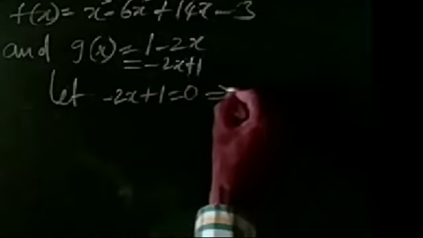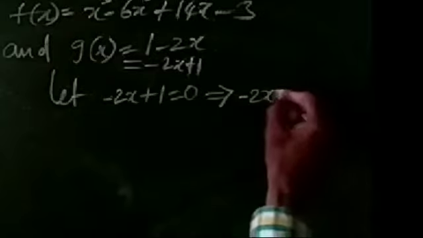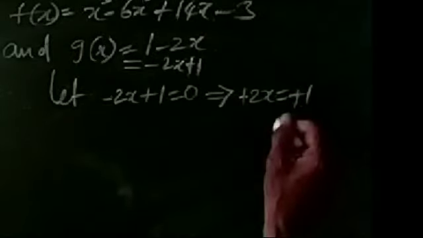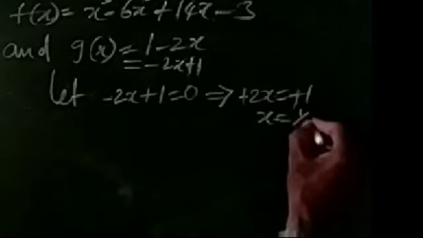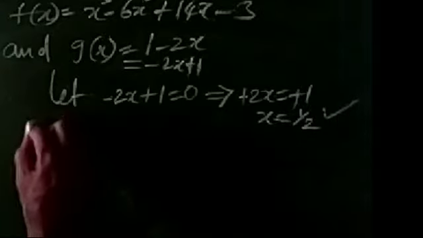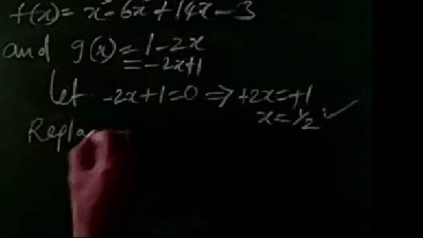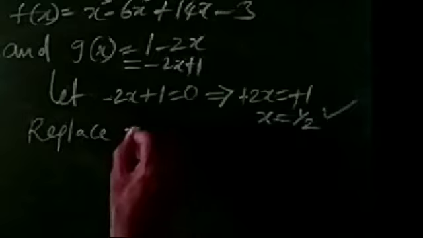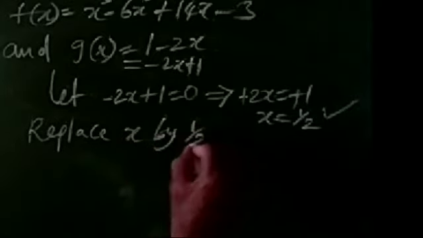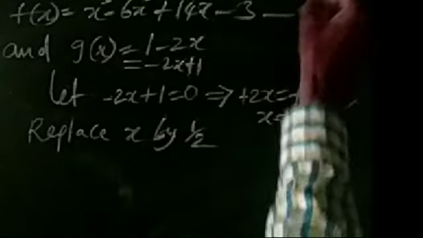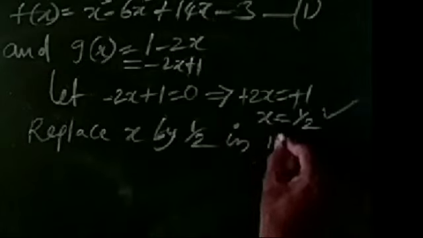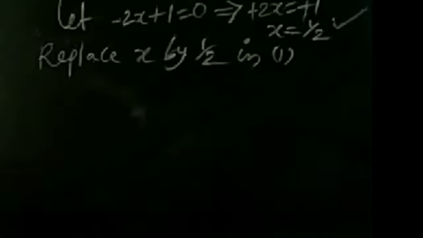Let it be equal to 0. Minus 2x plus 1 equal to 0. Minus 2x equal to minus 1. Minus minus gets cancelled, x is equal to half. Here you have to substitute x by half. So replace x by half in equation 1.